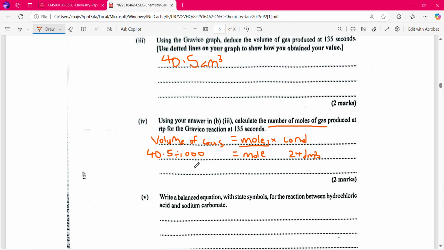All right, and then this is going to be 0.00... dm cube. Yes, can somebody work out our sulfur mole, please?